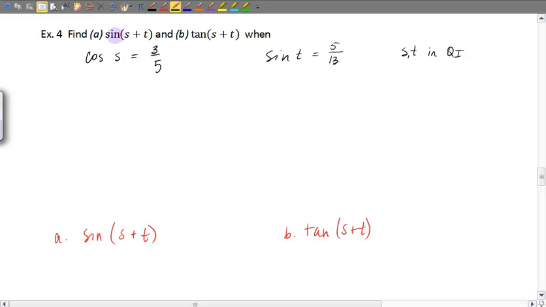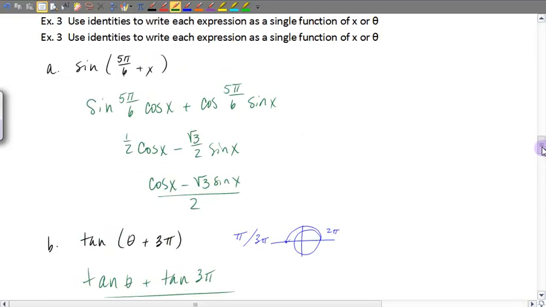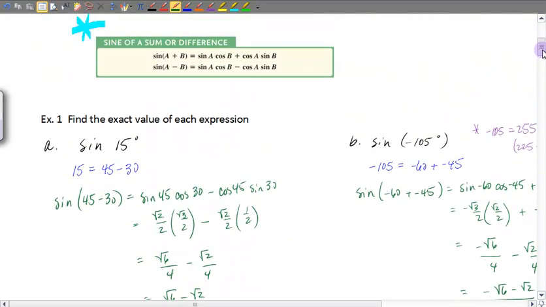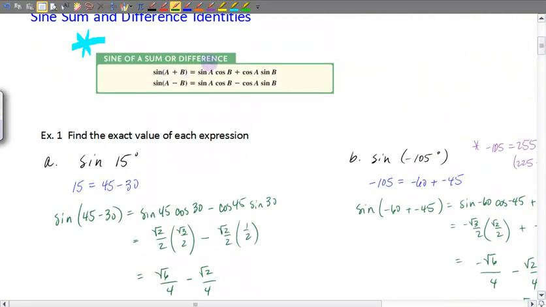Well, let's go back and look at this real fast. If I'm going to end up finding the sine of s plus t, then I need to know not only the sine and cosine of s, or the first angle, but I need to know the sine and cosine of the second angle. So I'm going to need to find that.